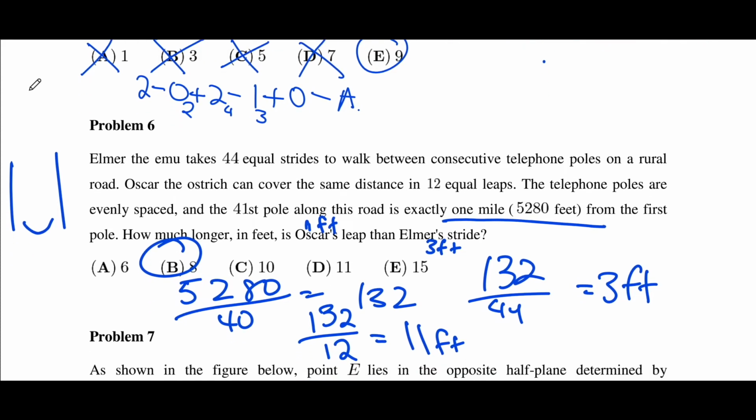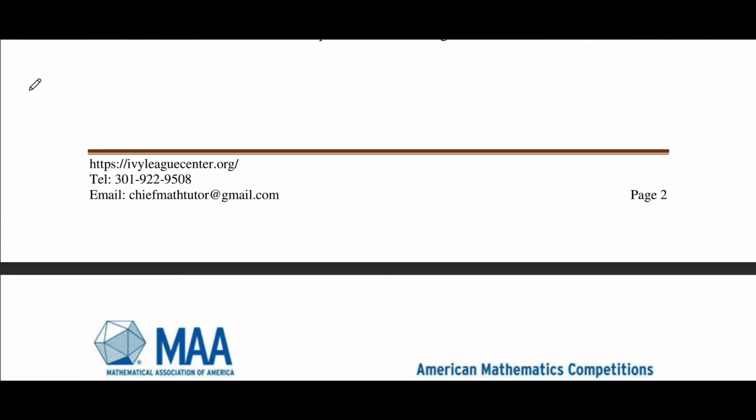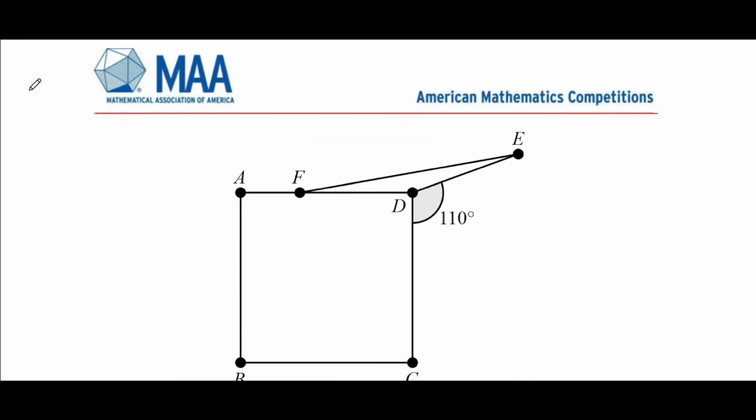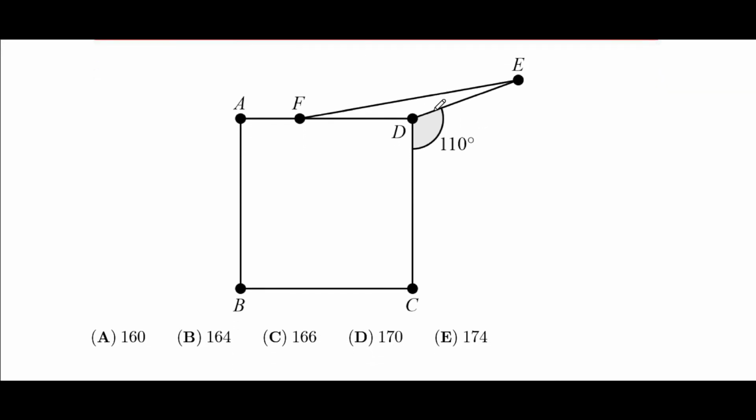Now let's move on to problem 7. So here, it tells us that ADCB is a square. And a square means that this is 90 degrees. And a full circle is 360 degrees.